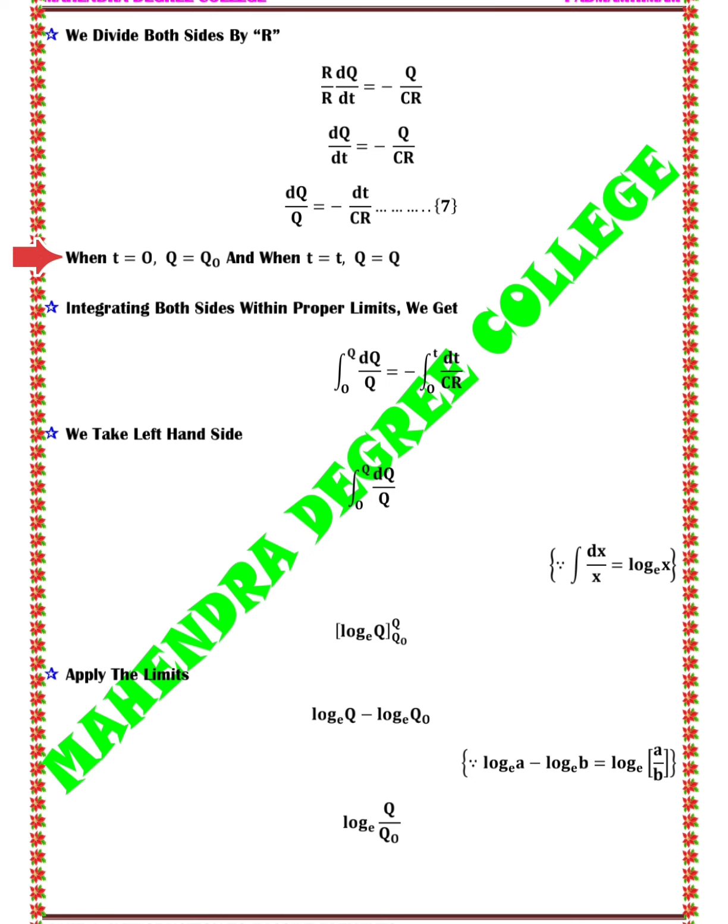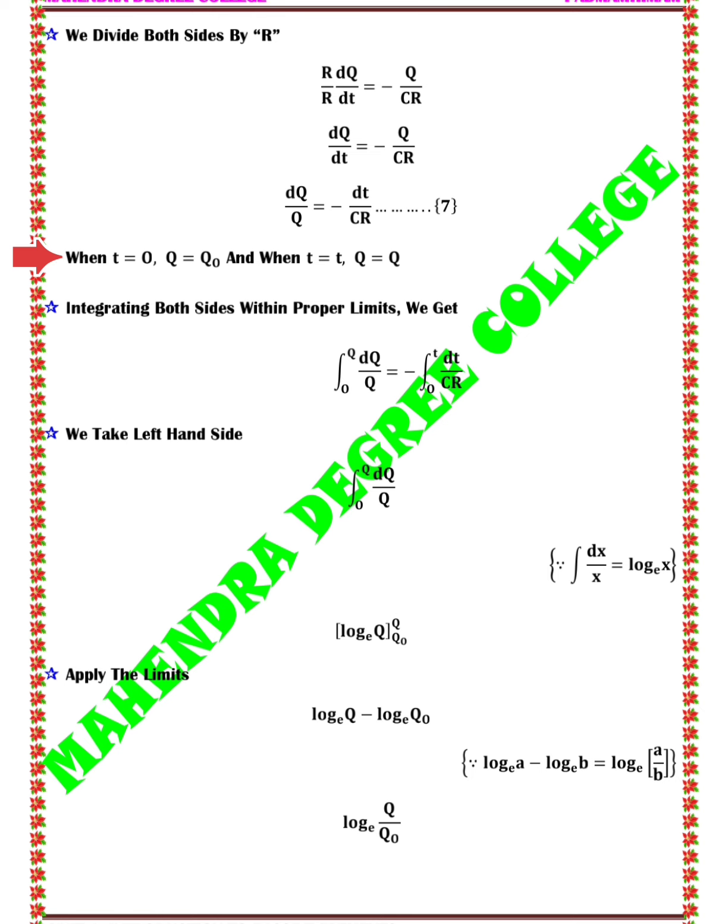Define initial and final conditions. When t equals 0, the charge is q equals q naught. This means at time t equals 0, the initial charge on the capacitor is denoted by q naught. Q naught is a constant representing the maximum or starting charge before the capacitor begins to discharge.